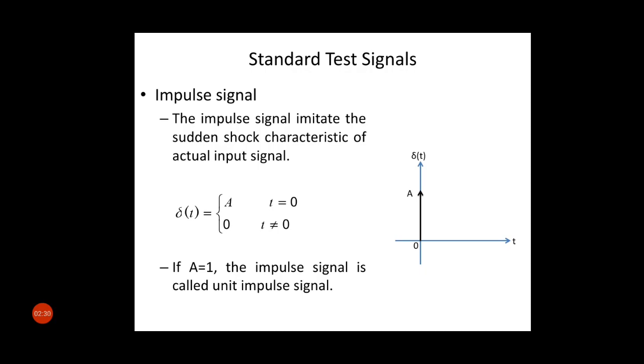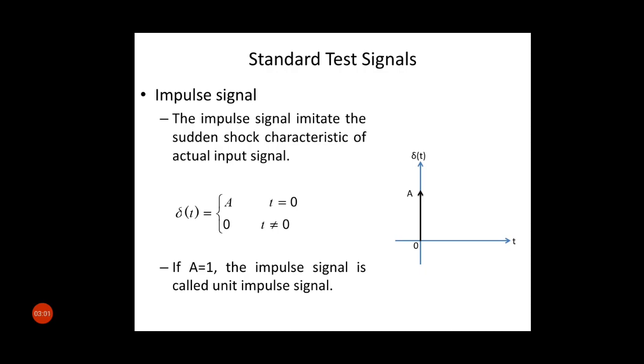Okay, coming to these signals, the first one is the impulse signal. So we know the definition of this impulse signal. What is an impulse signal? Impulse signal is always represented by δ(t). So δ(t) equals A at t equal to 0 and otherwise 0 at t not equal to 0.